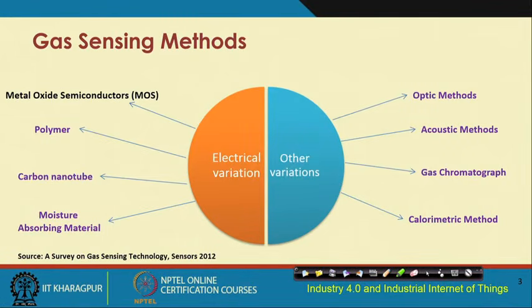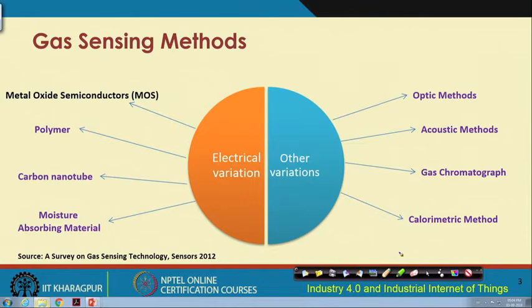There are different methods for gas sensing. Gas sensing can be done with the help of optical methods, acoustic methods, chromatographic methods, calorimetric methods, moisture absorbing materials, carbon nanotube based materials, polymer materials and metal oxide semiconductor materials. These last ones are the electrical variants.